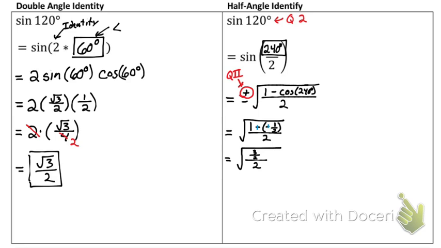We can either use keep, change, flip if you want to, or we could just multiply the top and bottom by 2. That was that trick that I was showing you in the last unit. If you ever want to get rid of a fraction in a numerator or a denominator, just multiply by the denominator. You're going to need to know how to do this. We're going to get to really complicated ones where this is the only way it's going to work, where keep, change, flip isn't going to help because we have too much going on.